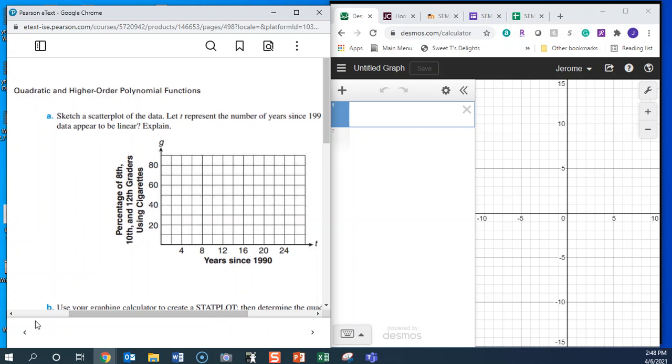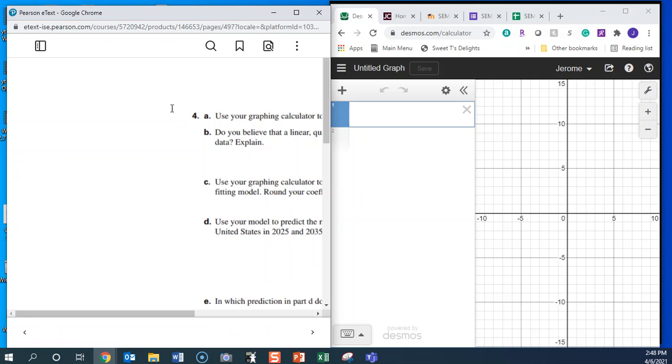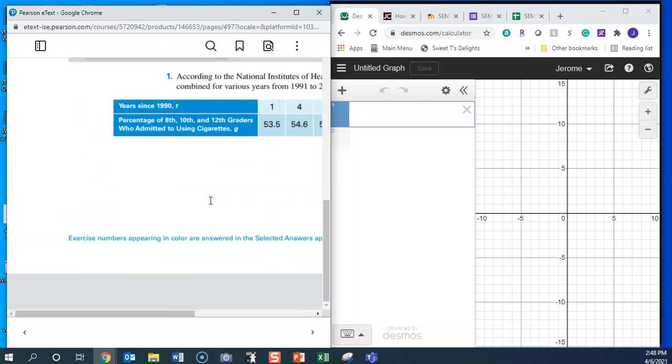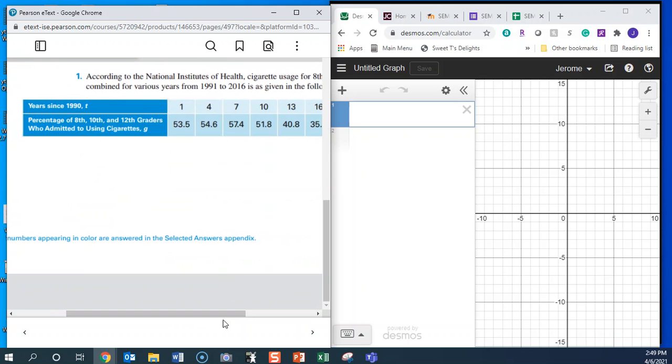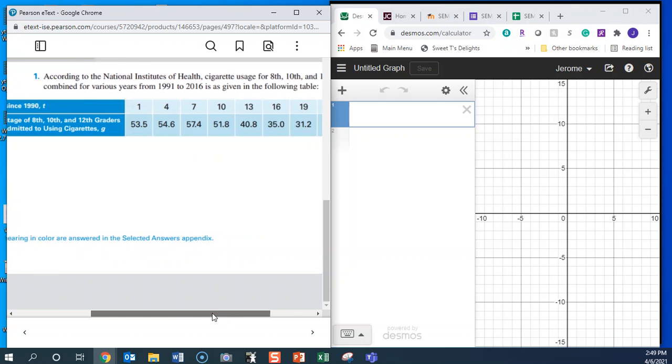So let me go back to the previous page. And down here at the bottom, remember this is actually since 1990. The years are set up to be since 1990. So that was a little bit of a typographical error.